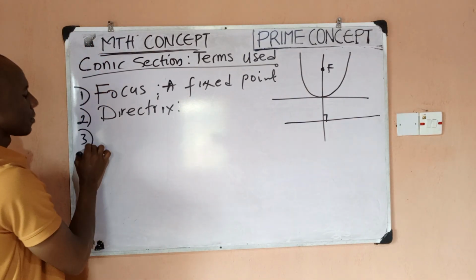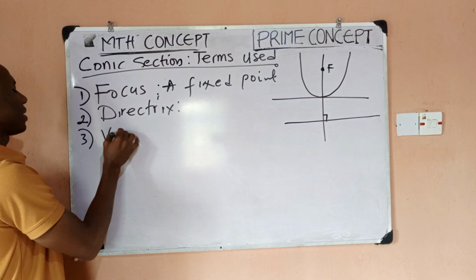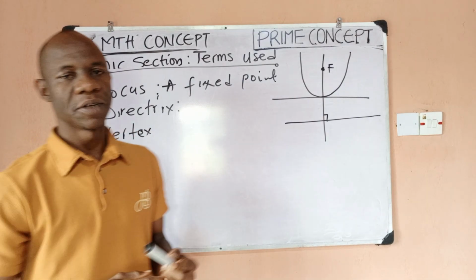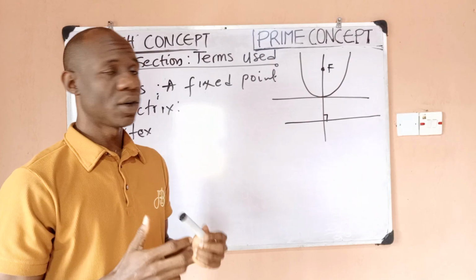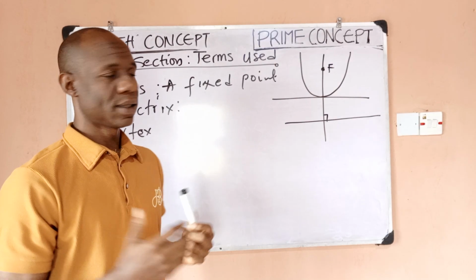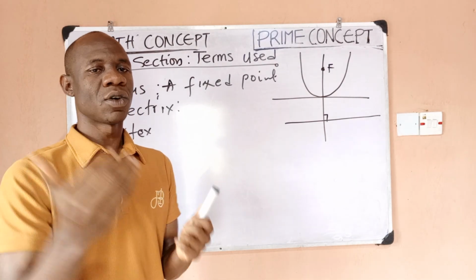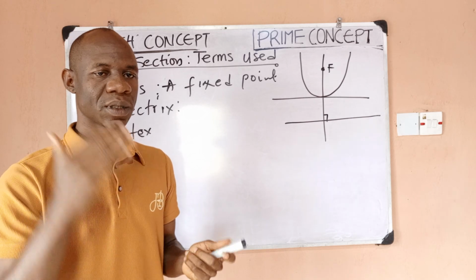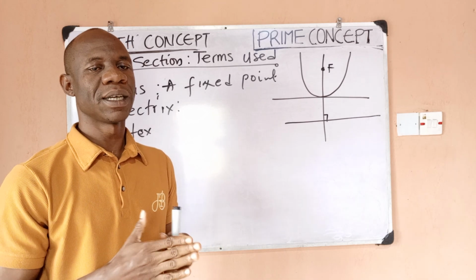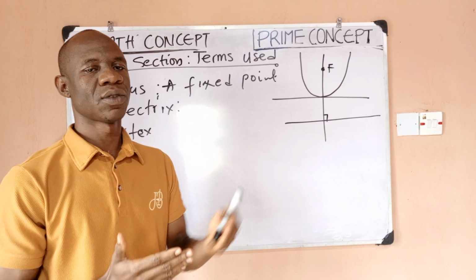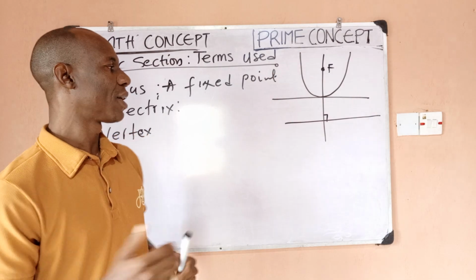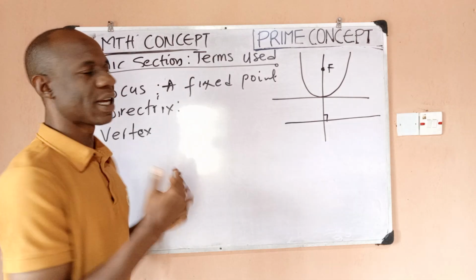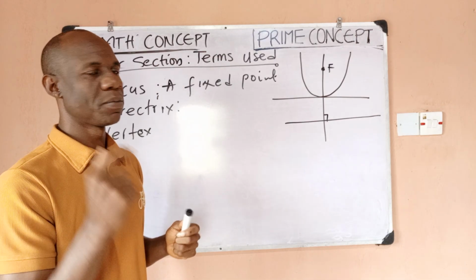Number 3 is what we know as vertex. So the vertex is actually a point on the conic that is either farthest or closest to the focus and directrix. Now, for a parabola, the vertex is actually the turning point of the parabola.